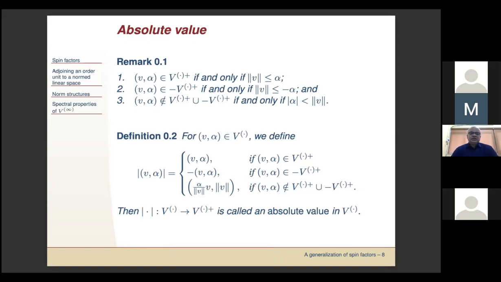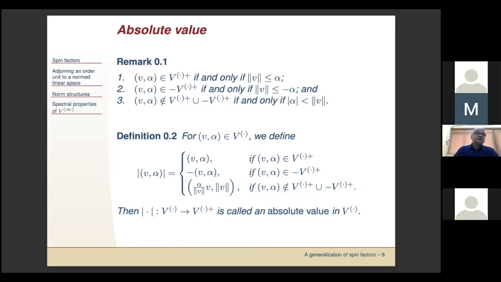Okay, so here is the following. Now what I do is introduce something I call the absolute value of this ordered pair (V, alpha). And how do I do it? I have three sets of vectors in V dot, and I define mod of (V, alpha) accordingly. If it is positive, I take it as it is. If it is negative, I put a minus sign because I want mod of any vector to be positive.